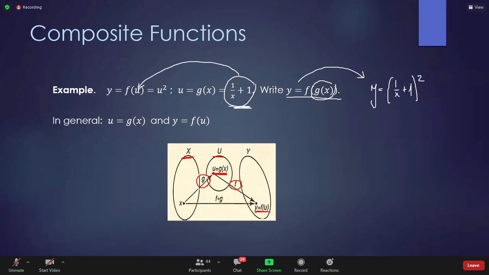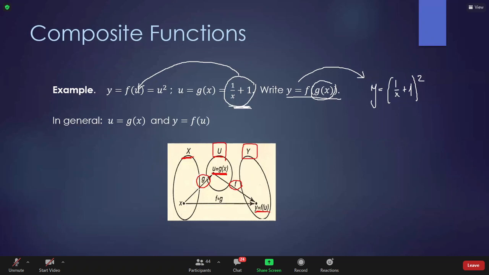Thank you. And then we use the u set as the domain for the f function, and finally the range y for the f function. So in principle, the range of g transforms to the domain of f.